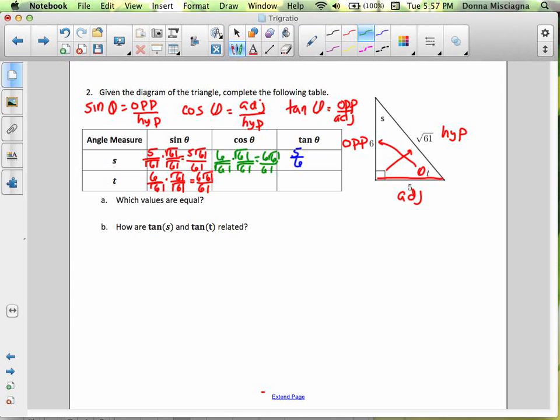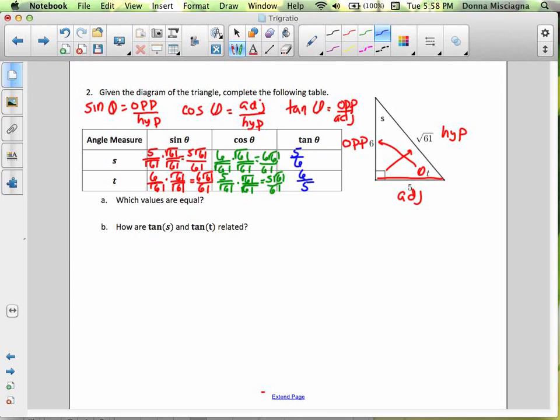Cosine is adjacent over hypotenuse, so now that will be 5 over the square root of 61, and again we'll rationalize. So that's just going to be 5 square roots of 61 over 61. The tangent ratio is opposite over adjacent, so now it is 6/5.